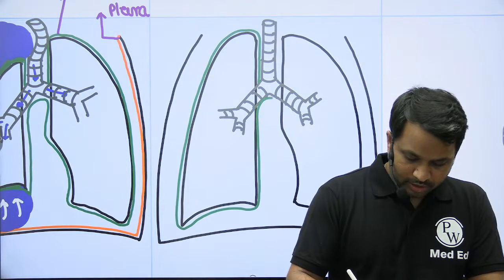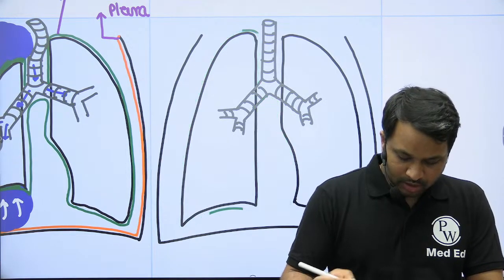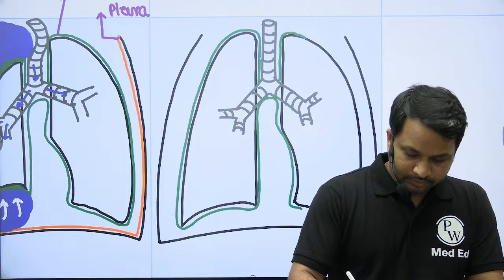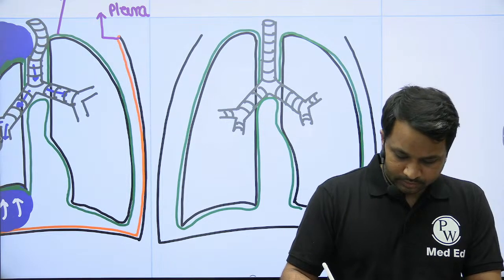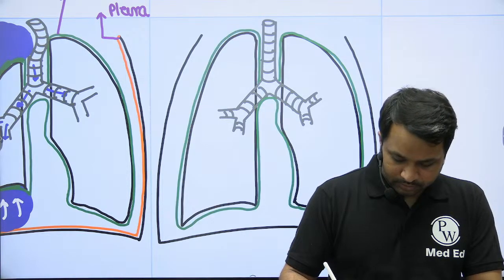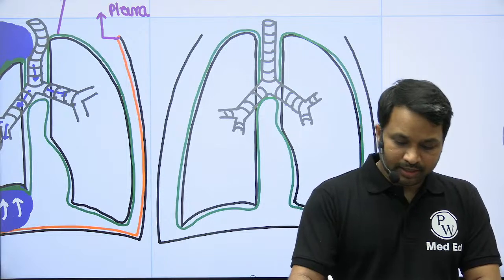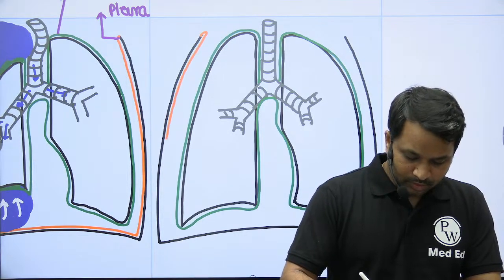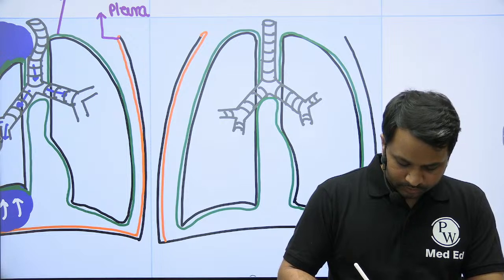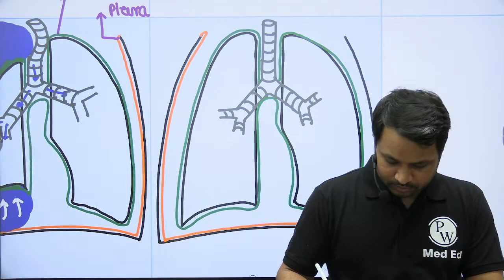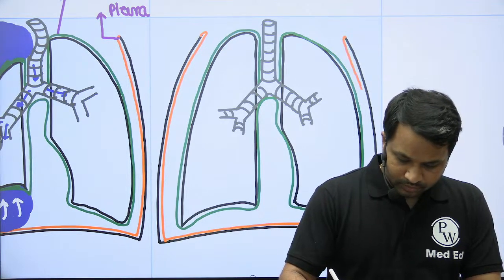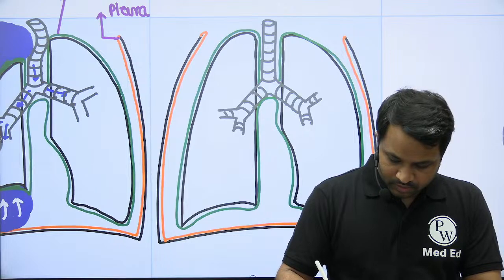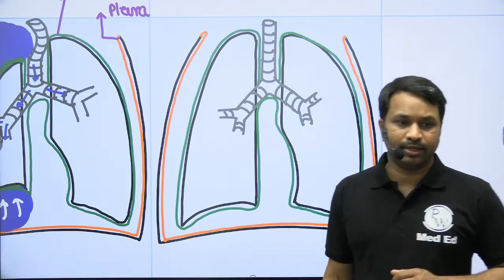It will be continuous with the mediastinal pleura, which will be here. And then this is what we call the parietal pleura.